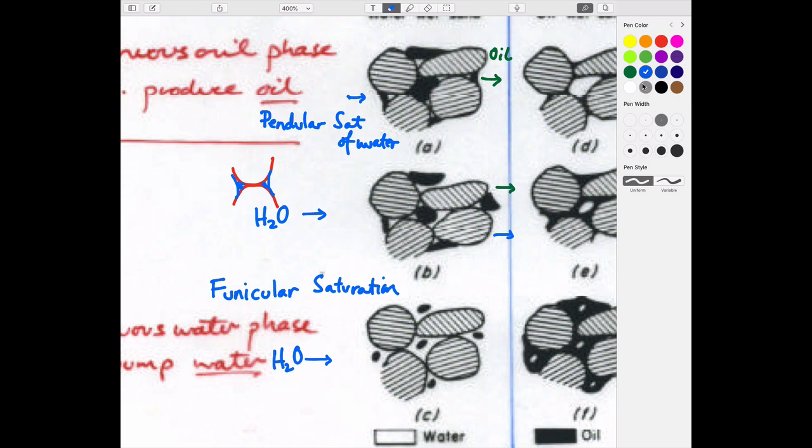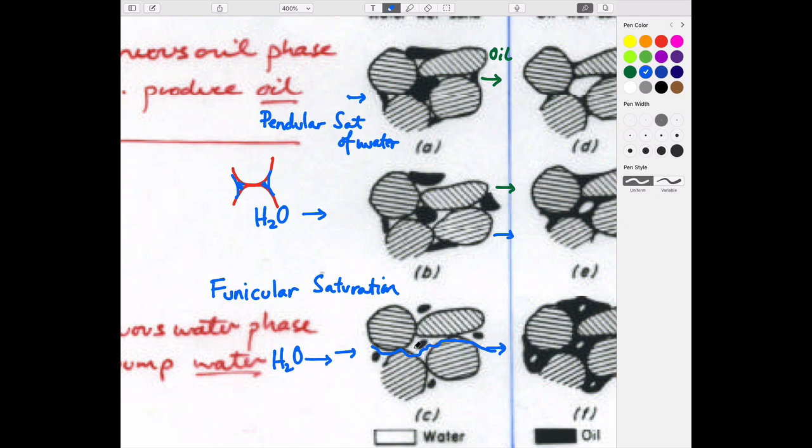But when you get to this case here, you pump water in on this side, you only have a connected pathway in the water, and the only way that you can get these bubbles of oil out is if you can carry them by viscosity, by friction really, dragging them with friction, and that isn't going to happen. I'll tell you that in advance, but we'll show it later on. And so this stuff is stuck in there.